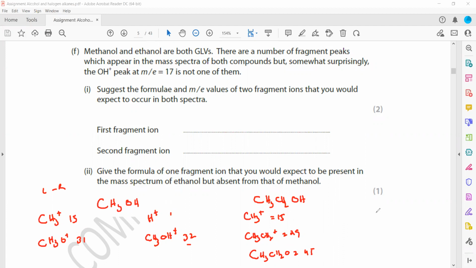Now if we break from the right-hand side, maybe we have H plus, or CH2OH, or the molecular ion peak. So CH2OH: carbon is 12 plus 3 hydrogen, so 15, plus oxygen, 12 plus 3, 15, plus 16, that gives us 31.